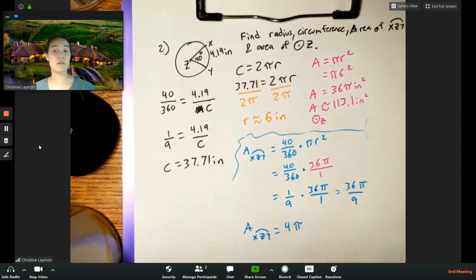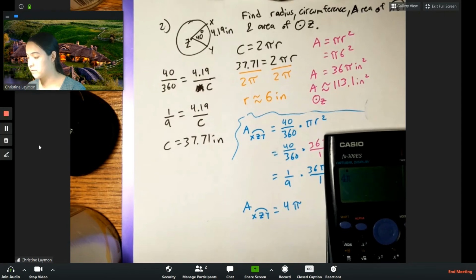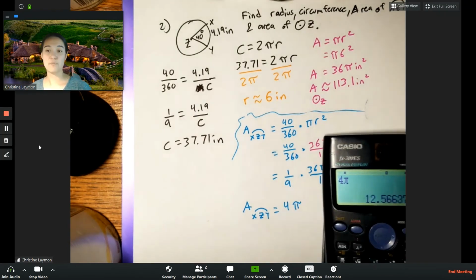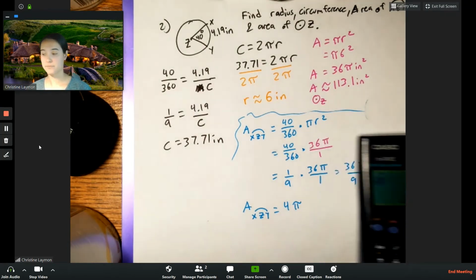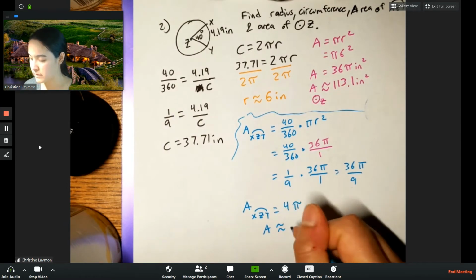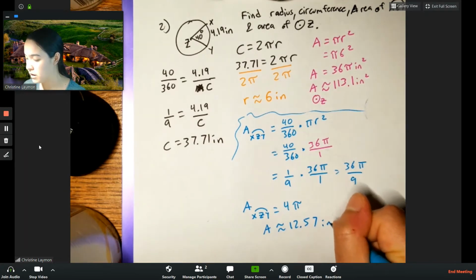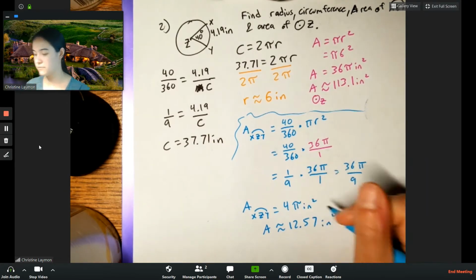And again, normally I would leave it like that. But because of all these other decimals, let's give a decimal approximation also. 12.57. So area is approximately 12.57, and our units are inches squared.